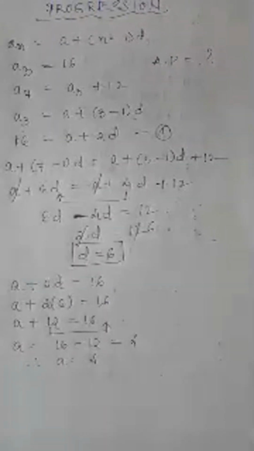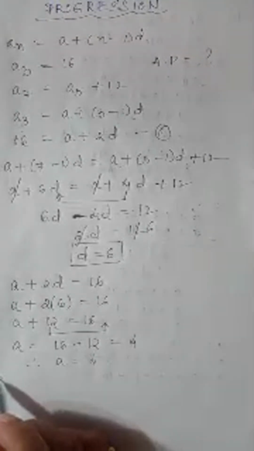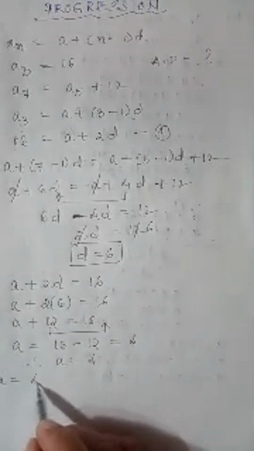Using a and d, we need to find the terms of the AP. The first term is simple, we got it: 4. Second term a plus d: a is 4, d is 6. Adding those, we get 10.